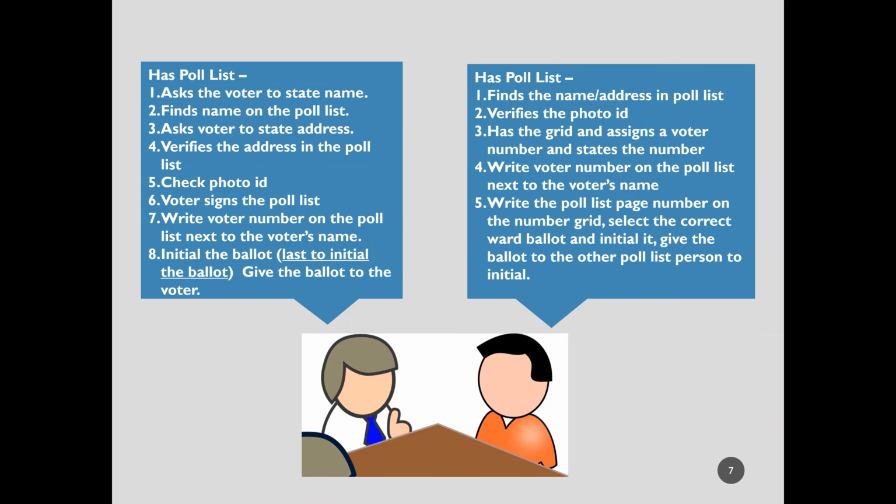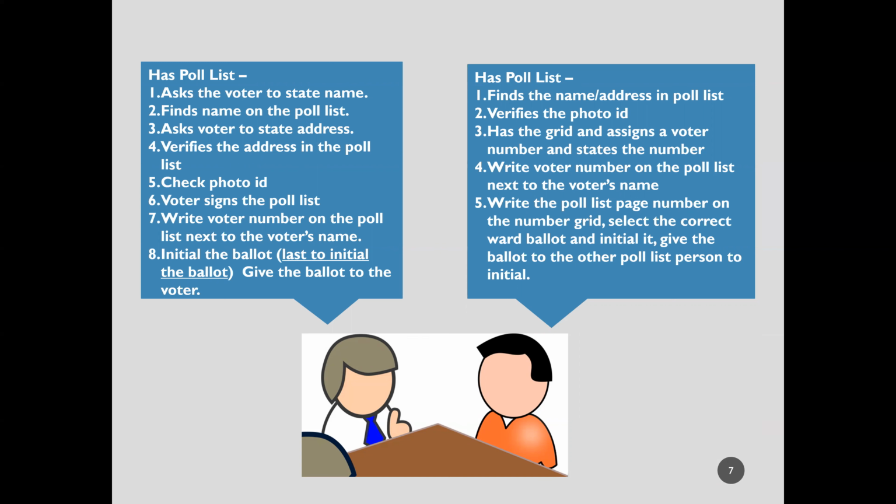They will check the voter's photo ID. They are checking for name and face, not address. The voter will sign the poll list and write the voter number on the poll list next to the voter's name. And then you're going to initial the ballot and give it to the other person to initial as well. After it has the 2 initials, you'll give the ballot to the voter to go vote the ballot.